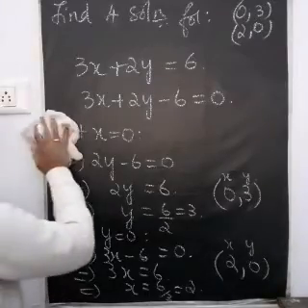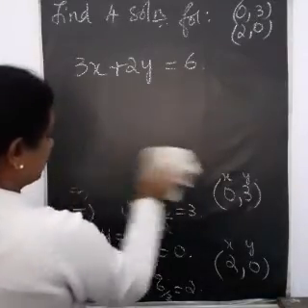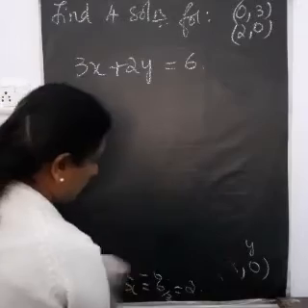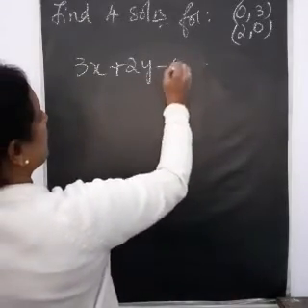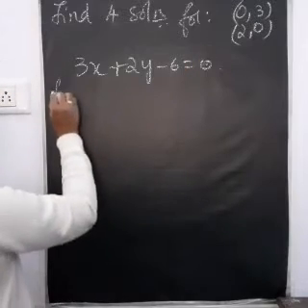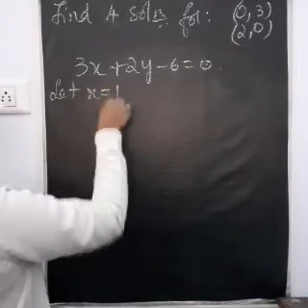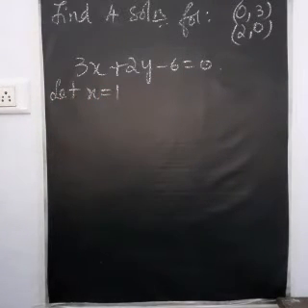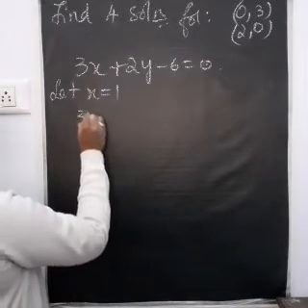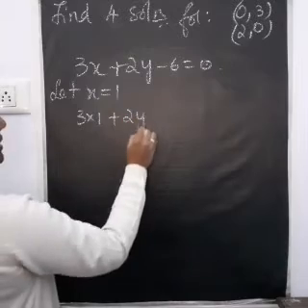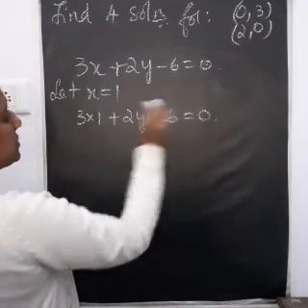Now for that, let us see whether we can substitute x is equal to 1. So you say let x equal to 1. Simplest is to put x is equal to 1. If x is equal to 1, what will you get? 3 into 1 plus 2y minus 6 equal to 0.